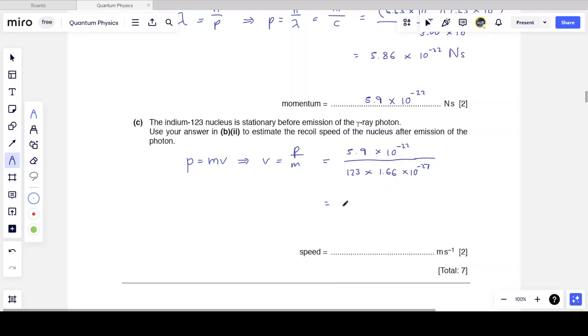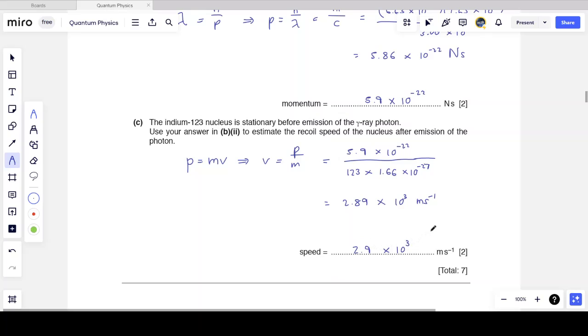And what we get is another very high value, obviously less than what we got for cobalt in the previous question, 2.89 times 10 to the power 3 meters per second, or 2.9 times 10 to the power 3 meters per second.